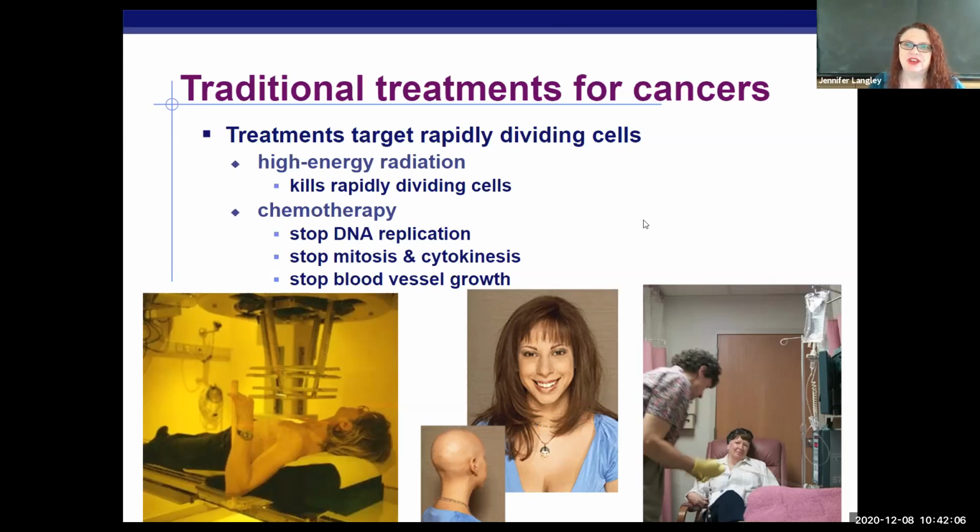Now, I said that radiation can cause cancer. Okay, so radiation kills cells, it can cause cancer. So the idea is to kill the cancer cells without causing anything else. A lot of times they won't do radiation on a patient that's really young, because 20 years down the line, they may develop cancer from the treatment. So they'll only do it if they really have to.